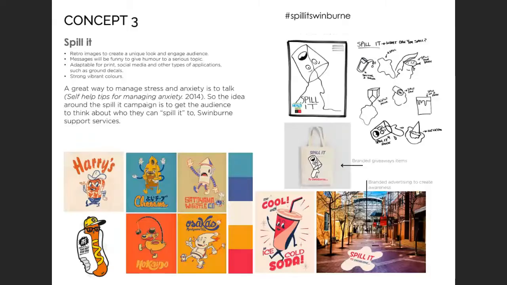So when you get to this one here, when you're talking about your concepts, it's really great to have in your presentation this type of thing where you've got a really clear visual of what it will look like with a sketch. Some students will do a mock-up. Then it looks like this is a mock-up down the bottom here on the right, where she's got sort of guerrilla advertising there. So it's good to put a clear sketch, this sort of mood board here with some ideas of the visuals and the color scheme. I find all of those things really helpful to be clearly getting an idea of what this idea will look like in practice.